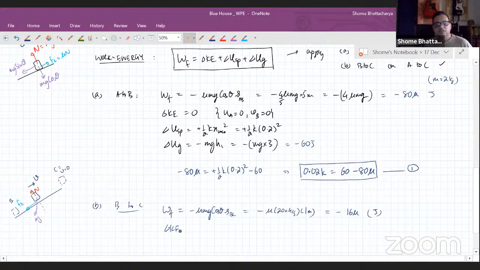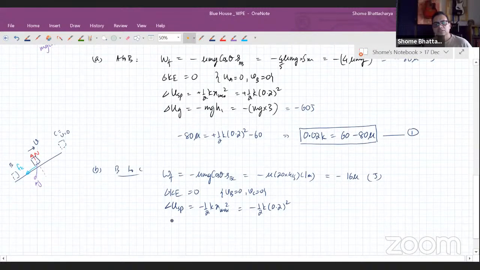Change in kinetic energy will again be 0 because velocity at B was 0, velocity at C is also 0. Change in spring's potential energy will be minus half K x maximum square, so that is minus half K into 0.2 square. And change in gravitational potential energy will be plus mg h2, so that is plus 20 into 0.6, so plus 12 joules.